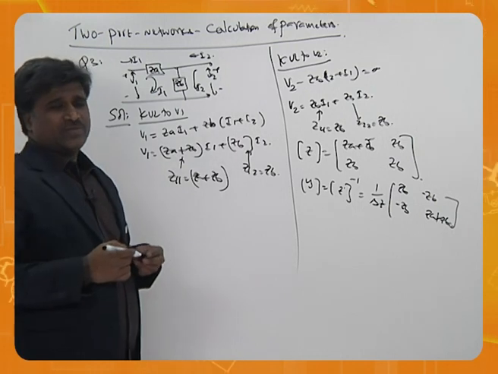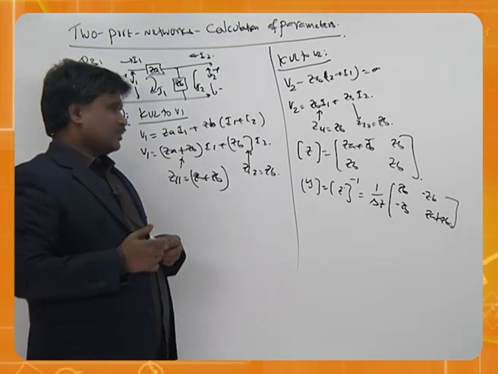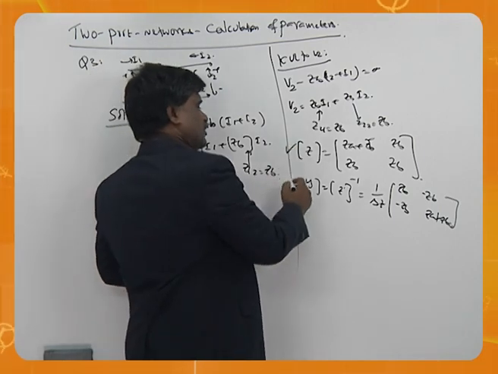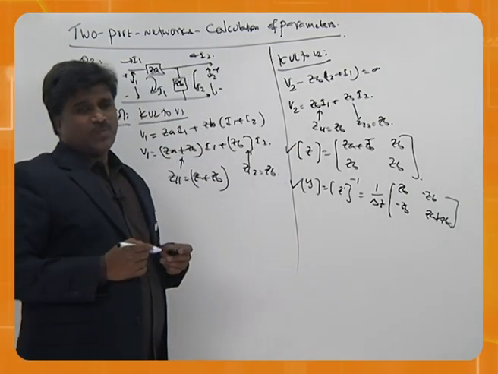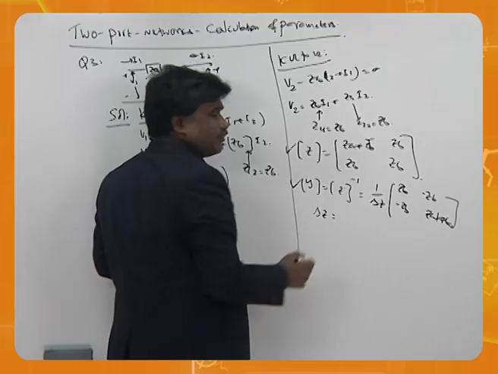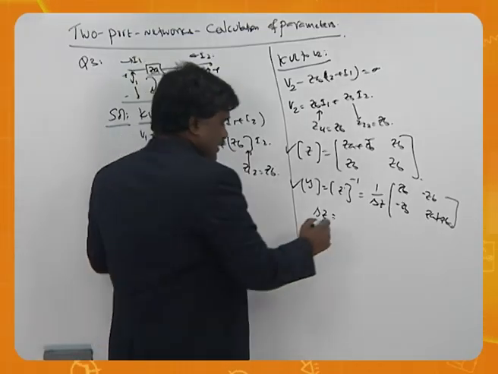With that, you can have your answers. So in this problem, you have both Z parameters as well as Y parameters. Here, delta Z is equal to, if you calculate, ZA ZB.